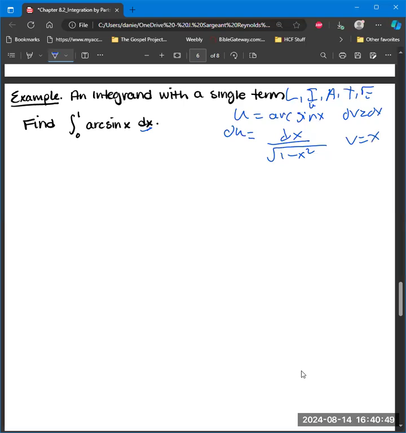Now we have a definite integral here, so that's going to be a little different for us. We have x arc sine of x evaluated from 0 to 1 minus the integral 0 to 1 of x over root 1 minus x squared dx, like that.